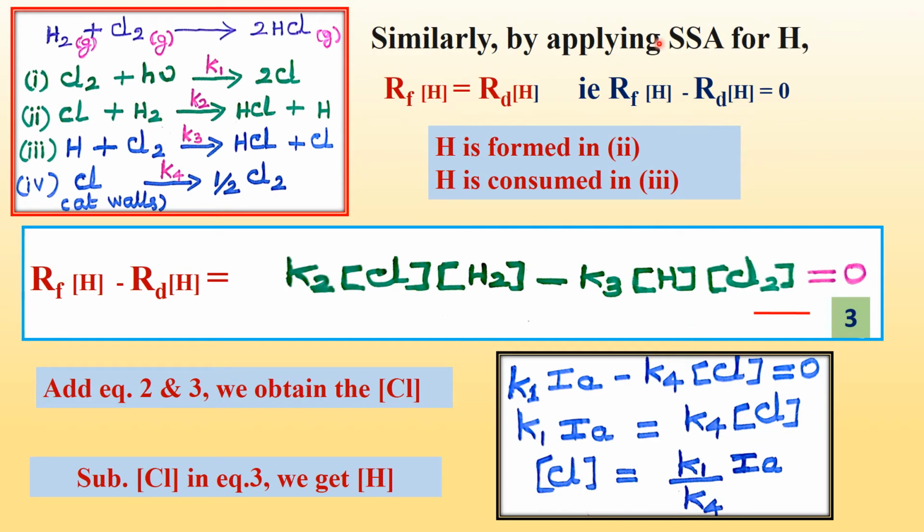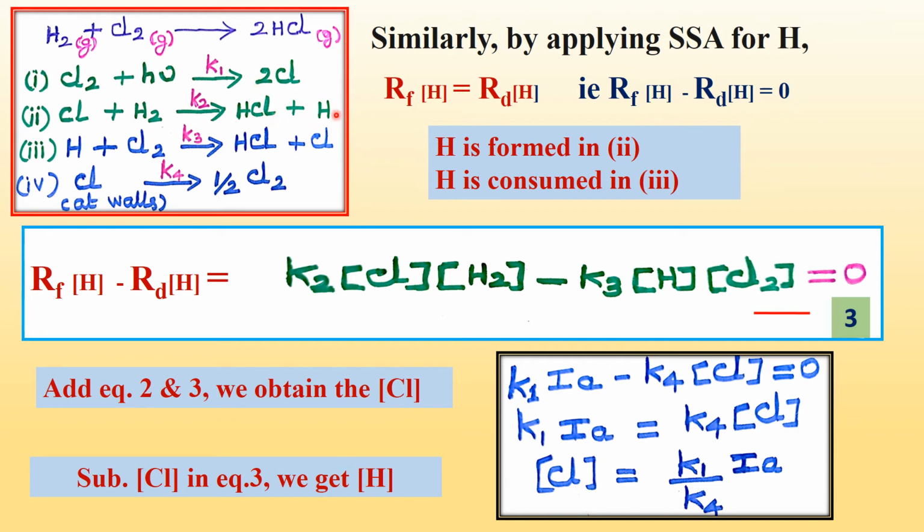Similarly, by applying the steady state approximation for hydrogen atom, the rate of formation of hydrogen atom equals the rate of decomposition of hydrogen atom. Hydrogen atom is highly reactive and unstable, so it is formed and immediately consumed. It can be written as R_F[H] minus R_D[H] equals 0.